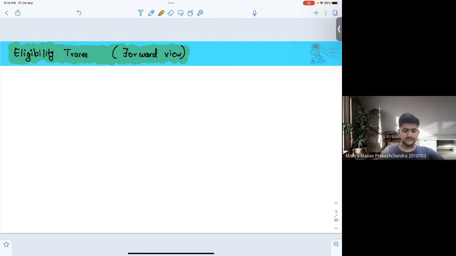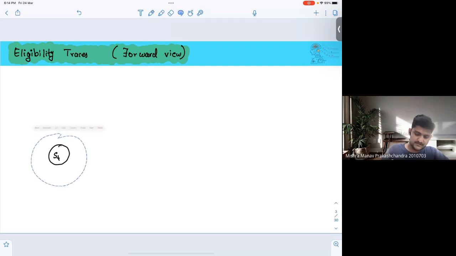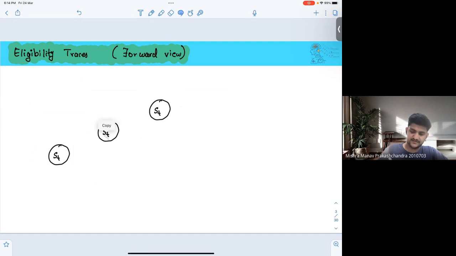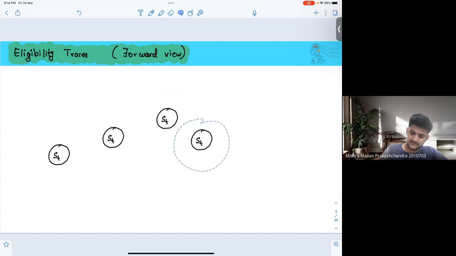To give a quick summary, I'll just draw the diagram. I think it's easier to explain when I have a diagram with me. So let's say this is state S_t.